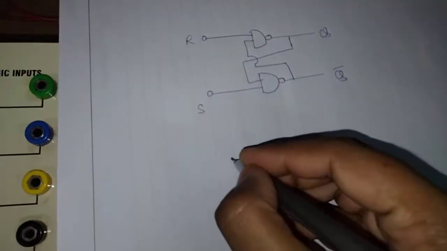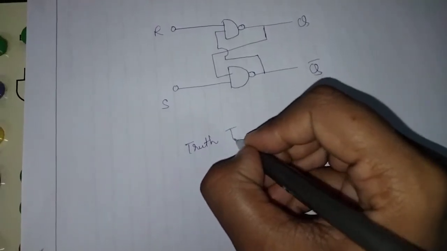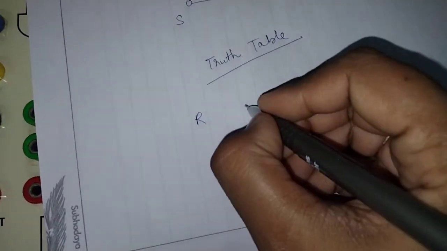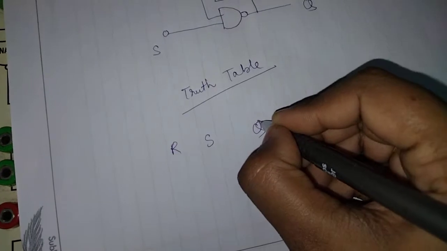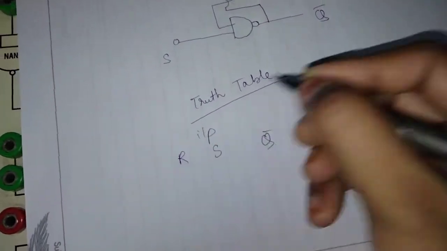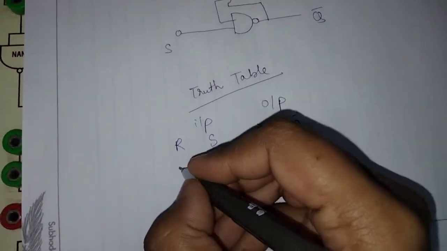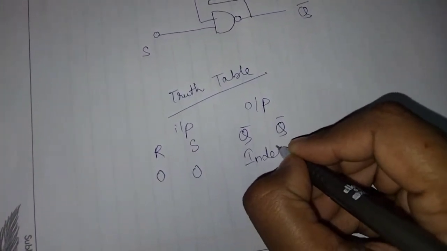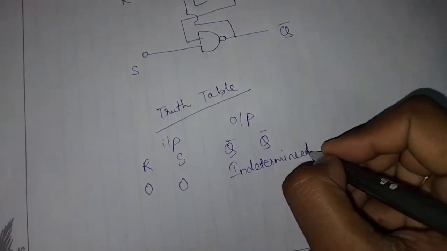Now let us see the truth table. For the truth table we require R, S, Q, Q bar. These are your inputs, these are your outputs. For 0, 0 it is an indeterminate case.